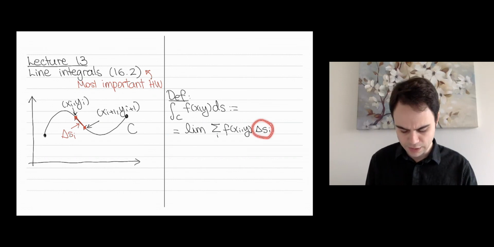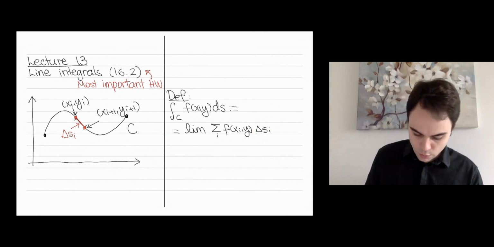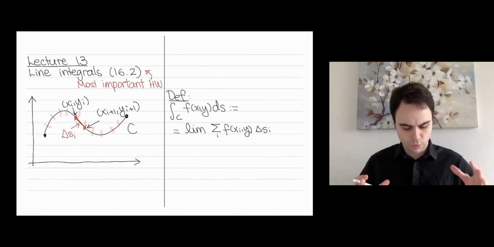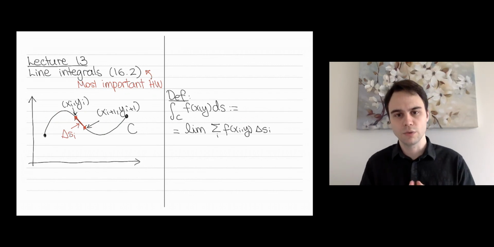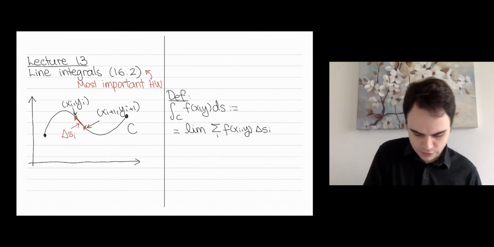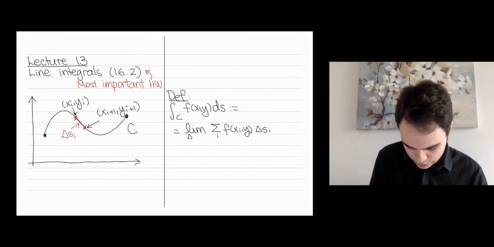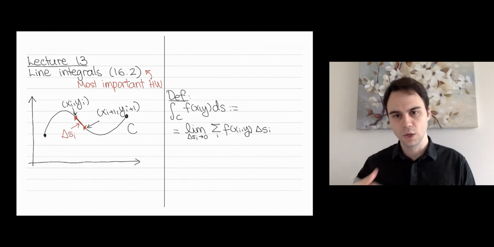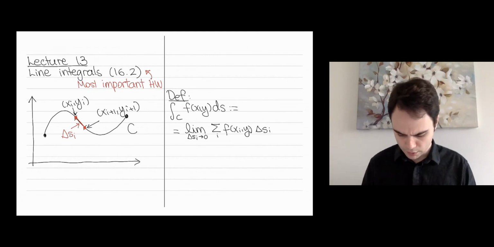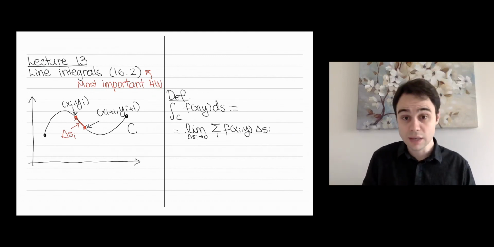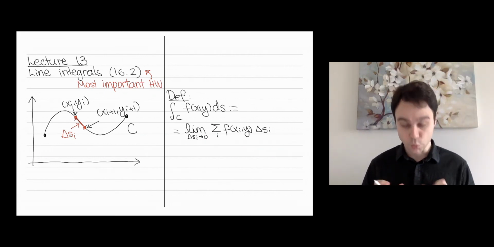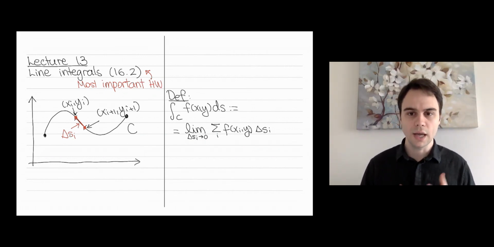And then we take the limit over all partitions, over subdivisions of the curve which are finer and finer. So we take the limit over all partitions where the distance between consecutive points goes to 0 in some sense. But the essence is here. I don't want to delve into the abstract definition.